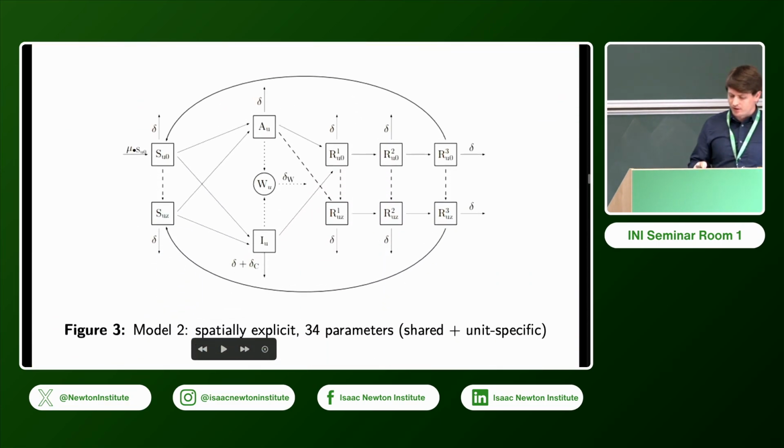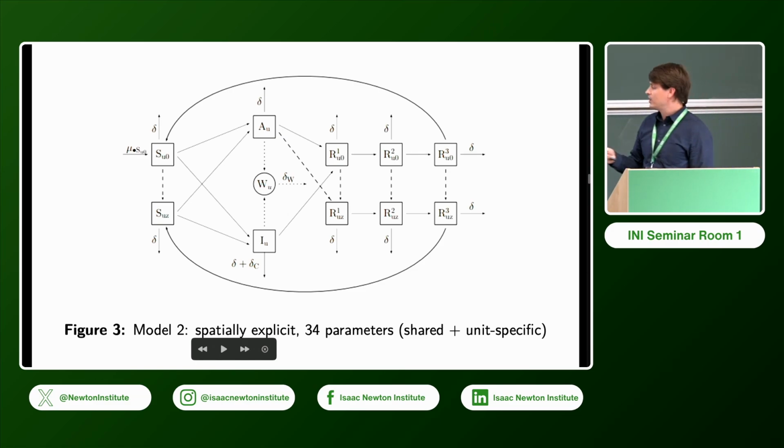The second model that we're going to look at is a spatially explicit model. So it's an SAR3 model where the R compartments help with the distribution of recovered rates. It also includes this water component, or a bacterial compartment, where infected and asymptomatic individuals will shed bacteria into a local reservoir, and then that reservoir will drive cholera infection.